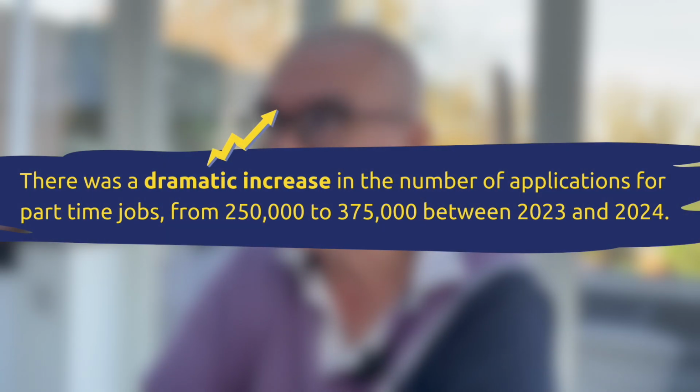Now, you could also write the same sentence with another type of sentence structure. Here it is. There was a dramatic increase in the number of job applications for part-time jobs from 250,000 to 375,000 between 2023 and 2024.